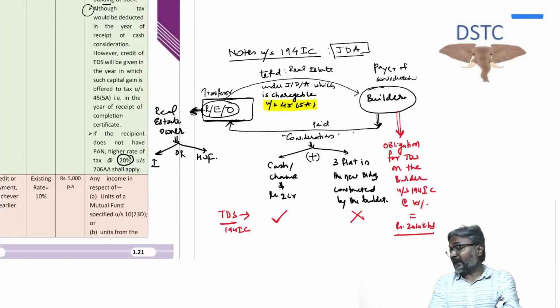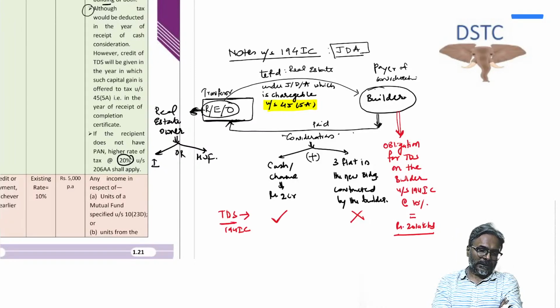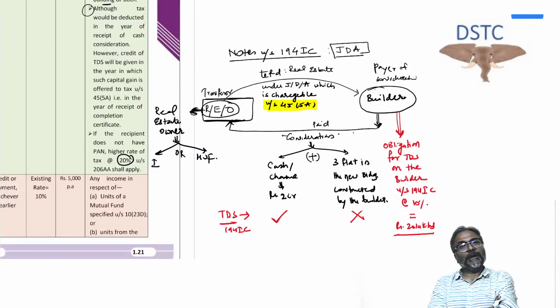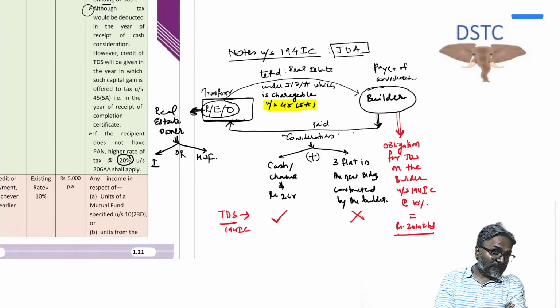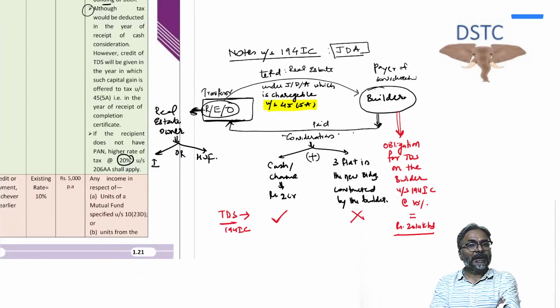Same with 194H, and finally 194M, the rate and the threshold are known. Similarly for 194I and 194IB, the next checklist.